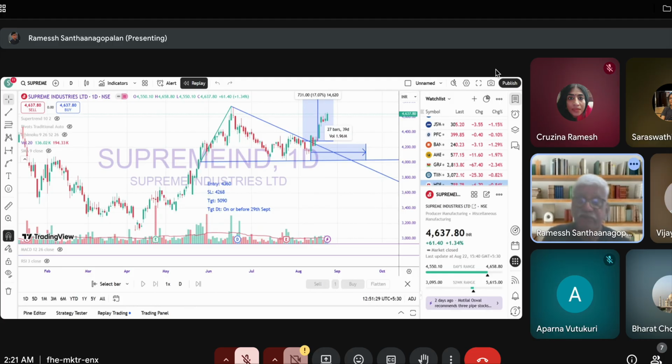Now, for each and every trade, you as a person have to decide how much maximum money you are ready to lose in this trade. 92 rupees per share is what you are going to lose as per the stop loss.